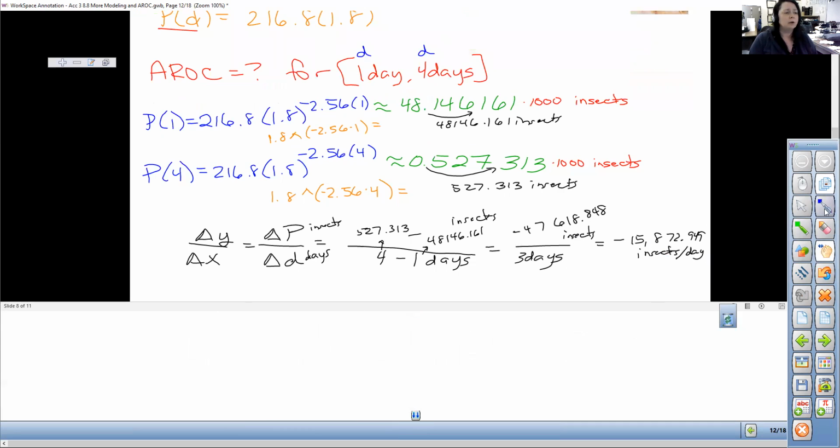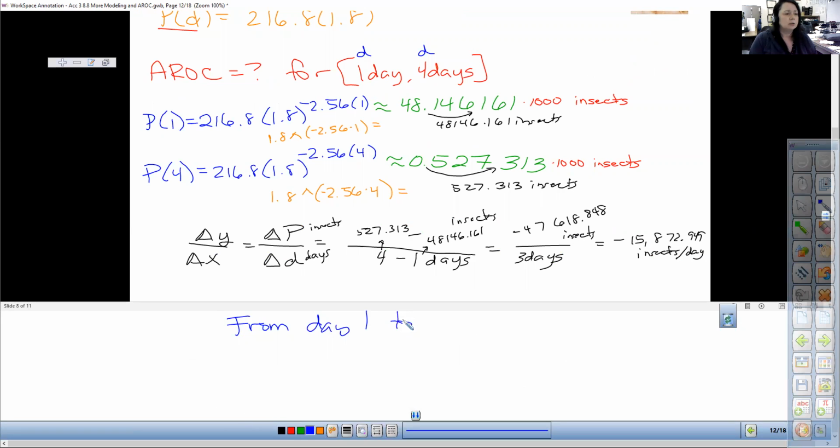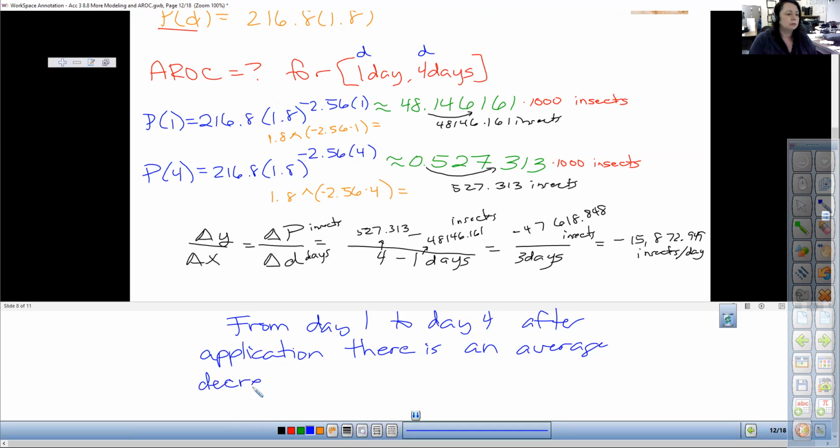All right, so from day 1 to day 4, after application of the product, there is an average decrease of about 15,872.942 insects per day.